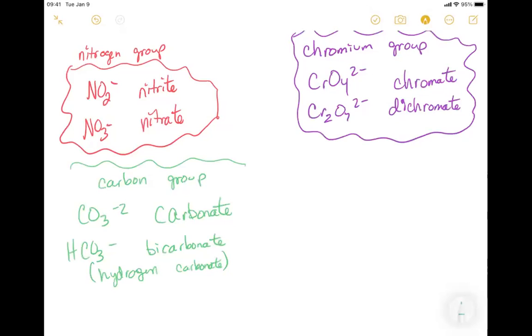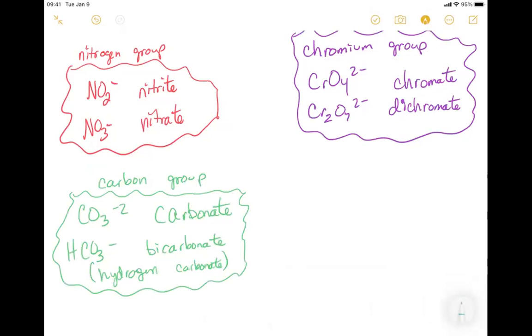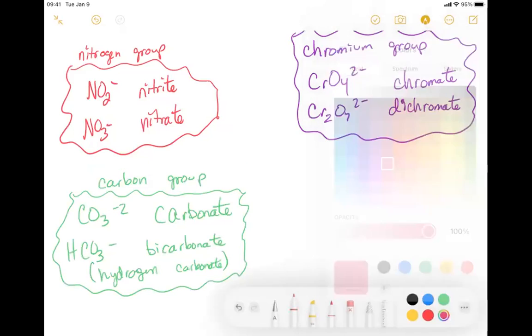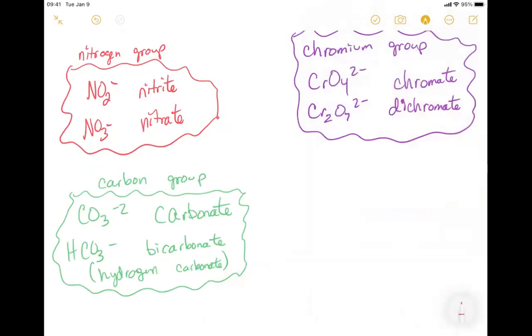Oh, wait. Line on the inside. Consistency is important. Blah, blah. Okay. What do we have left? I did those. That doesn't really belong to a group. Did all those.